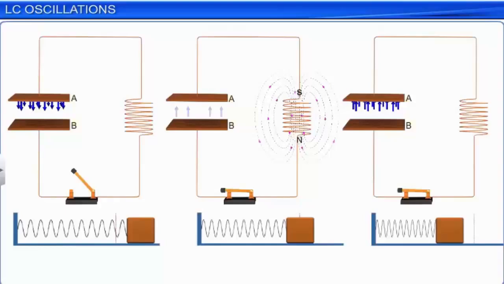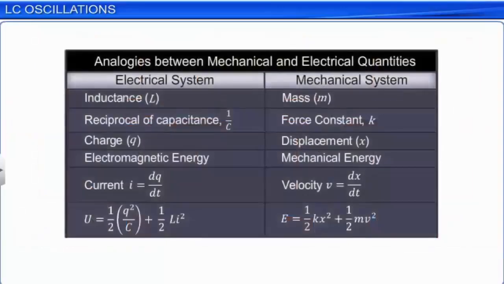Actually, the inductor also has some resistance, which leads to the damping of these oscillations. Similarly, neglecting the radiations emitted by the system also renders this analysis quite unrealistic. From our discussion of LC oscillations, we can draw the following analogies between a mechanical and an electrical system.